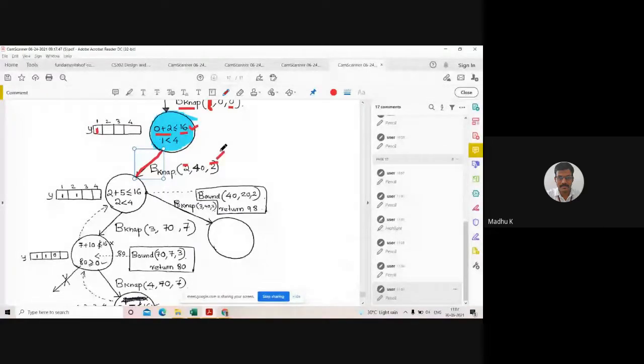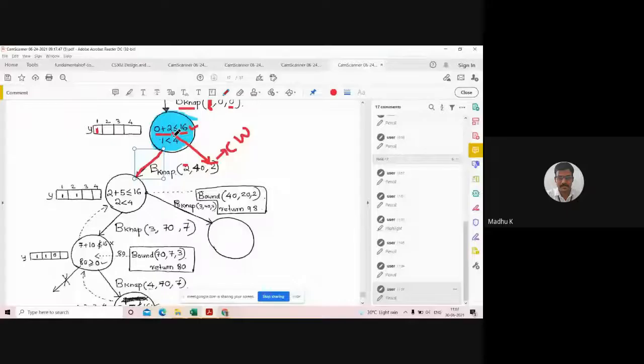The last one is current weight, CW. So the current weight is one parameter, which is 2.